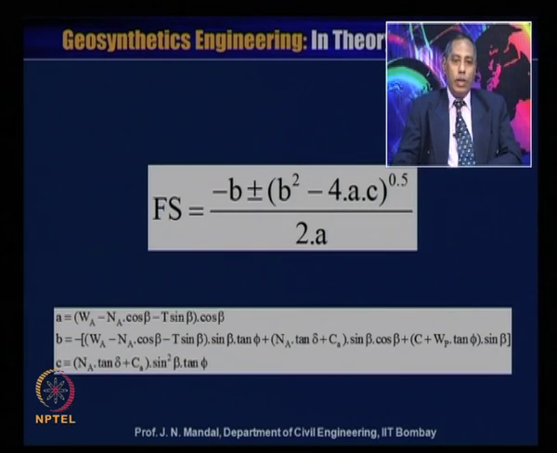So, if you know all these values WA, NA, and β, that means you know A, B, C, so you can calculate the factor of safety.